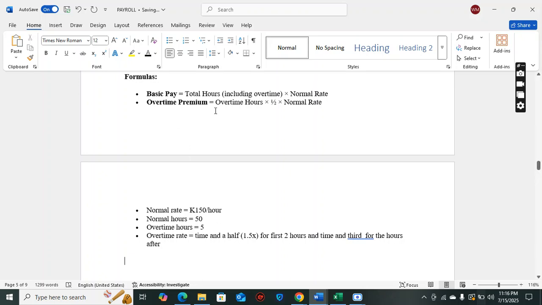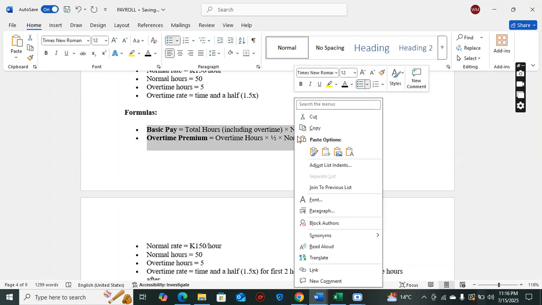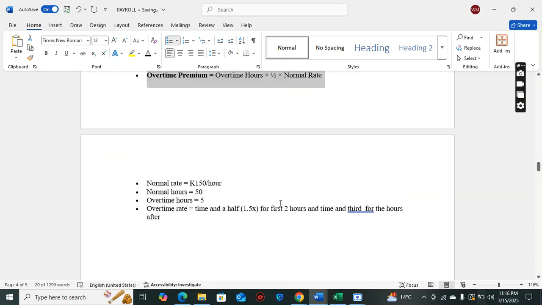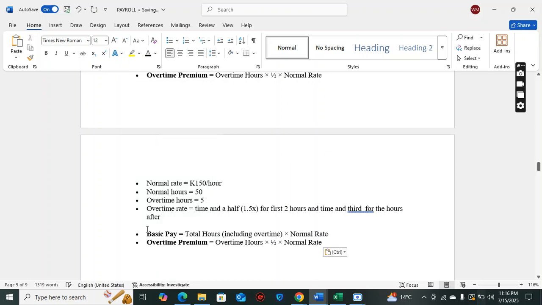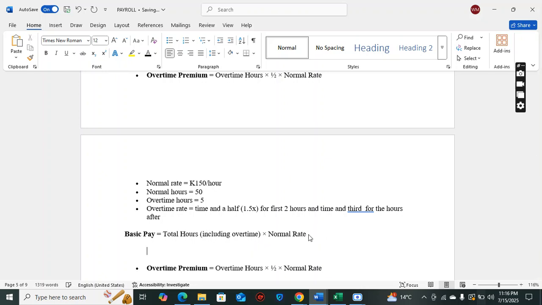All right, so we're going to use this method here, where we get the basic pay, which includes the total hours worked, the normal hours and the overtime hours, multiplied by the normal rate. So he worked for a total of 55 hours at a rate of 150.